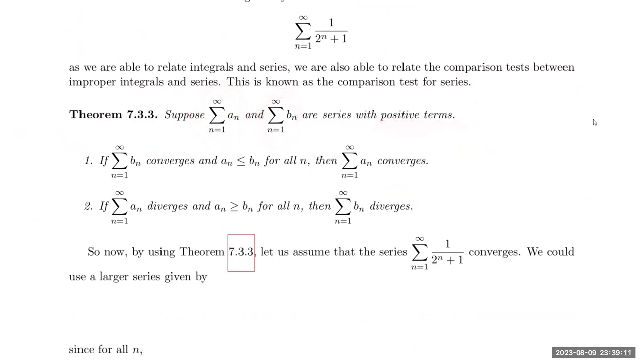So this is important here. If the series bn converges and an is smaller than bn for all n, then the sum of an converges. Or alternatively, if the sum of an diverges and an is larger than bn for all n, then the sum of bn diverges. So that's the comparison test here.